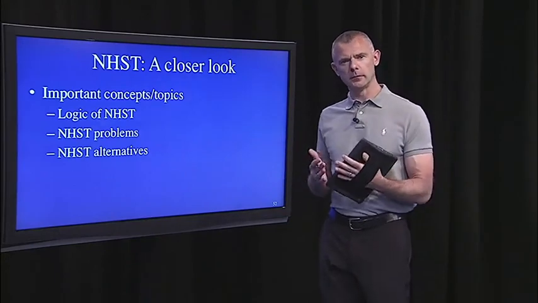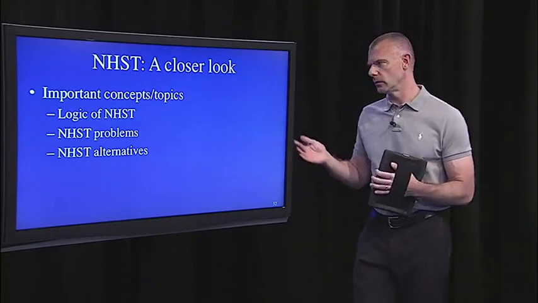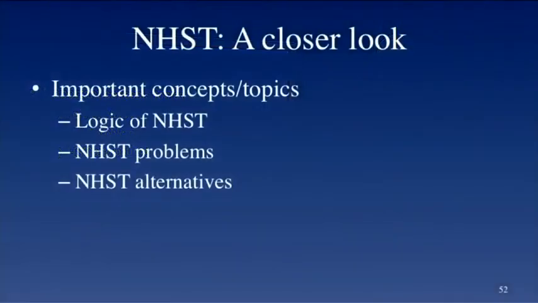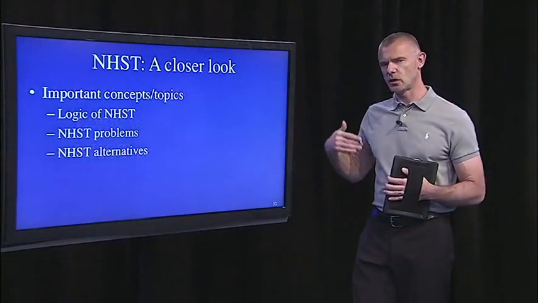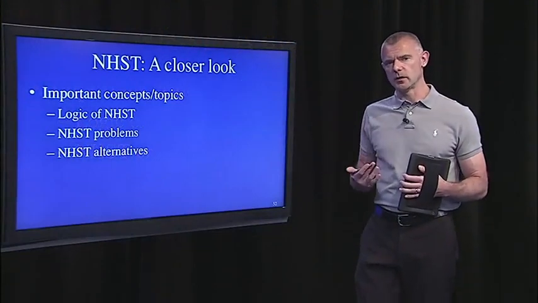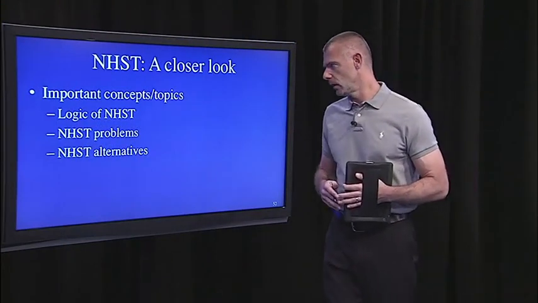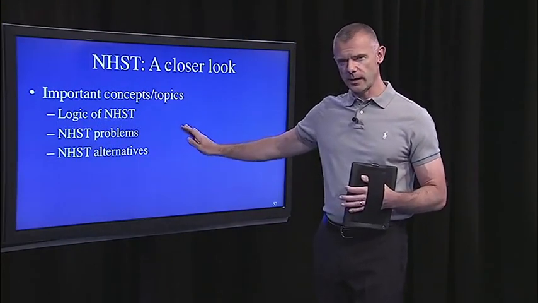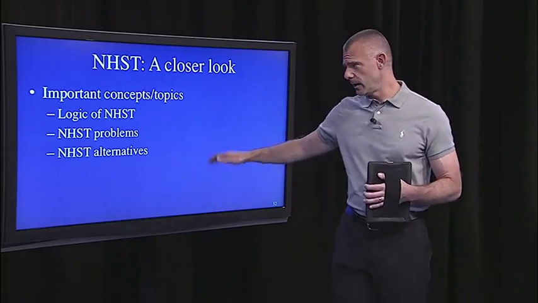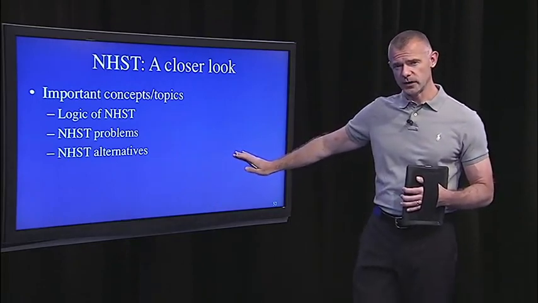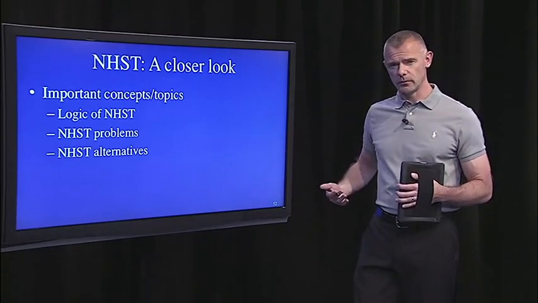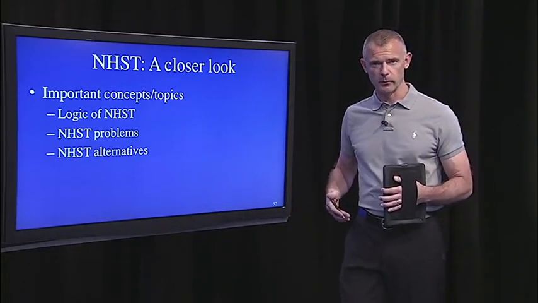So it's important to learn the process, the logic underlying NHST, but it's also really important to understand what the main problems are and why there's so many criticisms of using this approach in the social sciences. So I just highlighted 3 of the problems here, and I suggested a few remedies or alternatives to those problems.